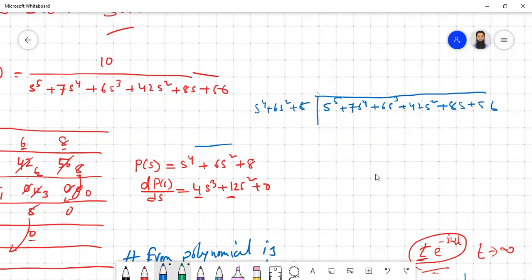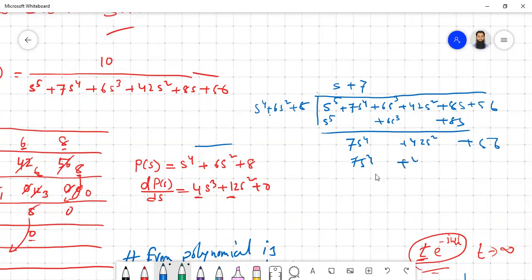If you just multiply this equation by s, then we have s to the power 5 plus 6 s cubed plus 8s. Okay, so now I have 7 s to the power 4 plus 42 s squared plus 56. Now multiply by 7: 7 s to the power 4 plus 42 s squared plus 56. So as you can see, the other pole is easily figured out using this even polynomial.